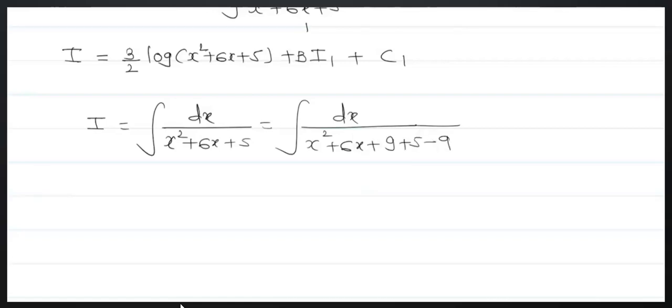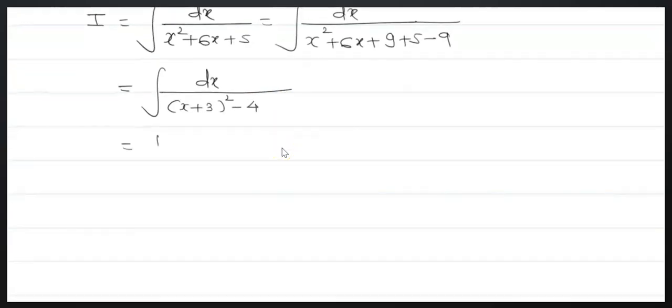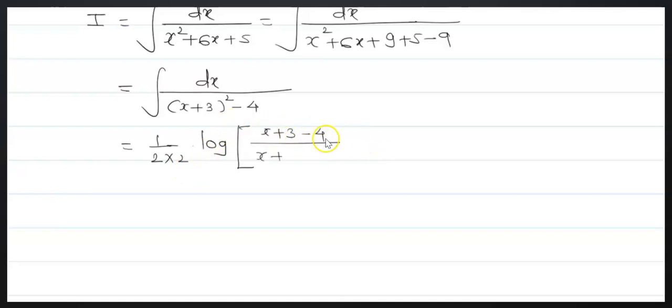In x square plus 6x, the second term is 3 square, that is 9, so plus 9 minus 9. Evaluate this: the integral of dx upon (x plus 3) bracket square minus 4, that is 2 square. And this is of the form x square minus a square, that is 1 upon 2a. 2 into 2 log of (x plus 3 minus 2). By mistake I wrote a 4 here, but it is a minus 2.